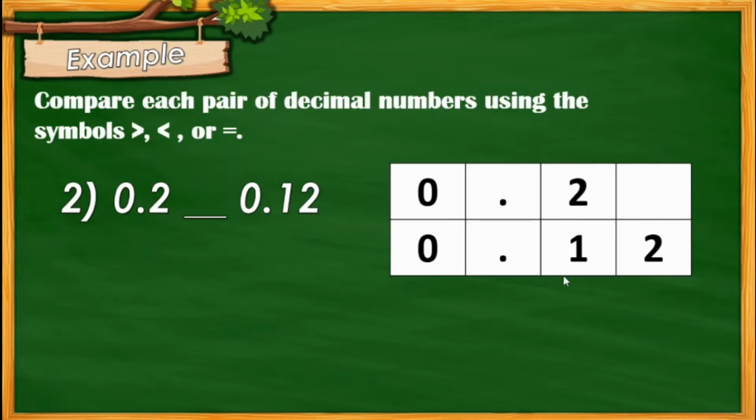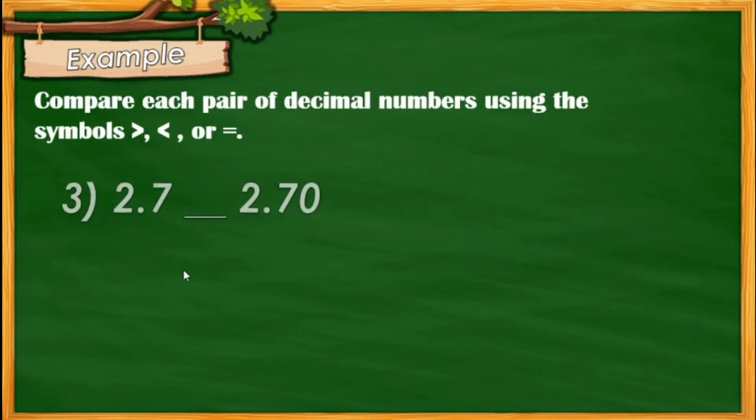So again, make the two decimals the same highest place value. So add 0 to 2 tenths, so it becomes 20 hundredths. Now, which is greater? Is it 20 hundredths or 12 hundredths? Very good, grade 5 pupils. It is 20 hundredths or 2 tenths.